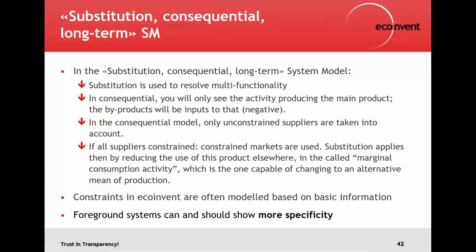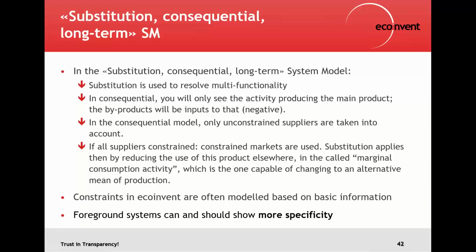Just to wrap up a bit the consequential system model. In this system model, substitution is used to solve multifunctionality. You will only see the activity producing the reference product, the main product, and byproducts will be modeled as inputs to that, giving credits to that.